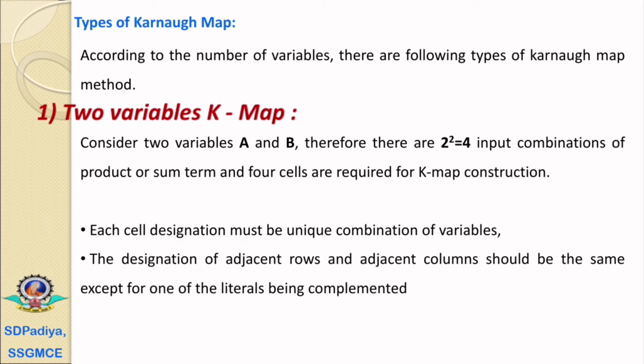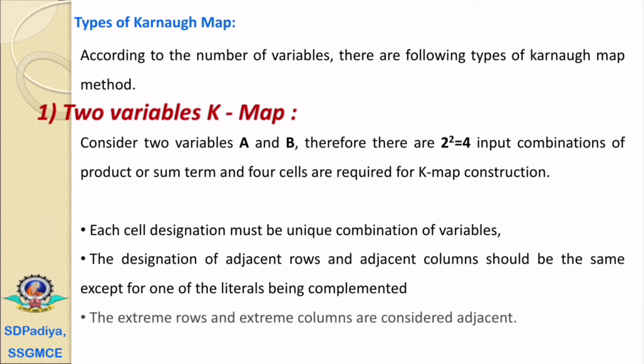Means every adjacent cell must have a change of only one variable. And the third is the extreme rows and extreme columns are considered adjacent. Means the first row and the last row we have to consider adjacent, and the first column and last column we have to consider adjacent.